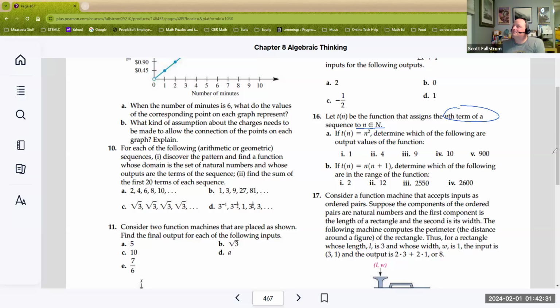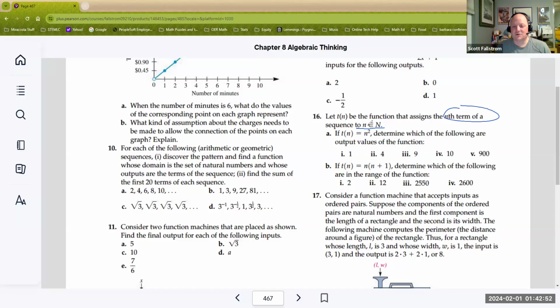Hmm. I don't really like that wording. I think that wording is pretty crappy because it says T of n is a function that assigns the nth term of a sequence to n. So it tells you the output should be n. And then part A says it equals n squared. So we'll just pretend that's not there.